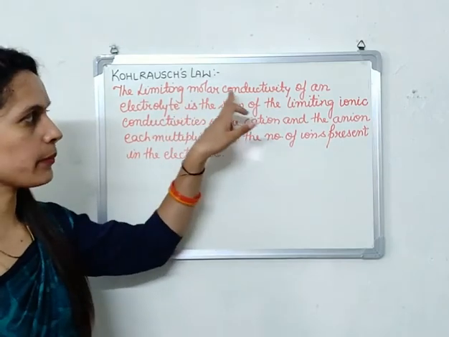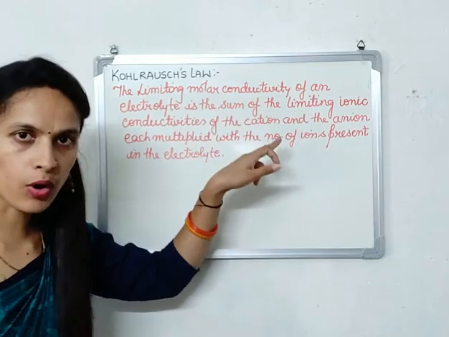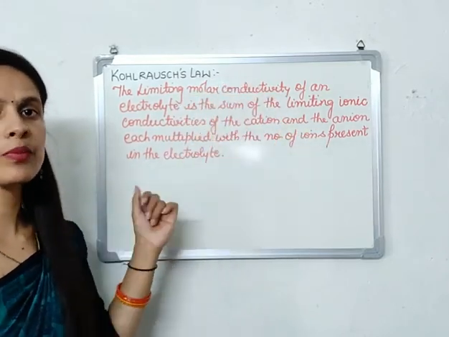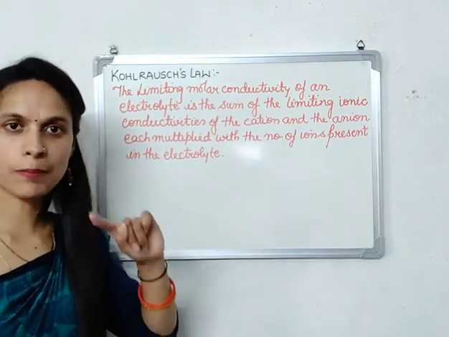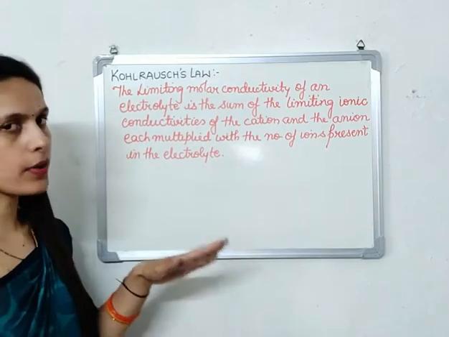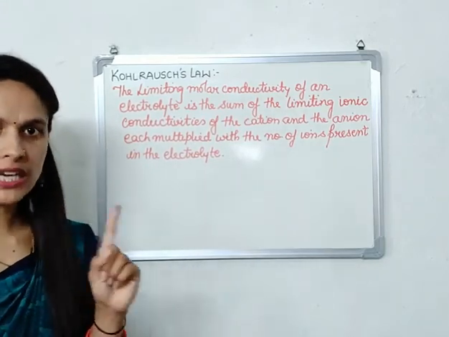Means lambda m naught for an electrolyte is equal to the sum of lambda m naught for cation and lambda m naught for anion, each multiplied with the number of cations and anions present in one formula unit of the electrolyte.